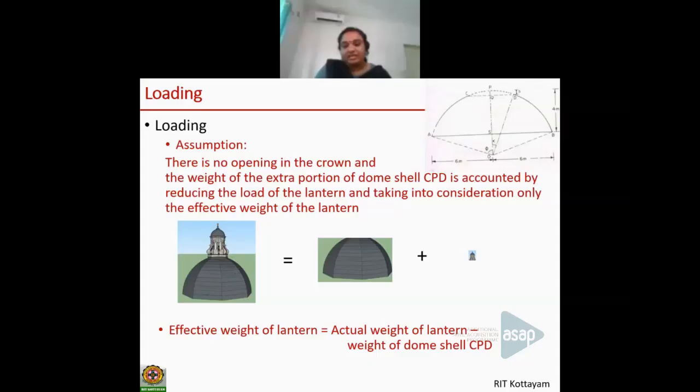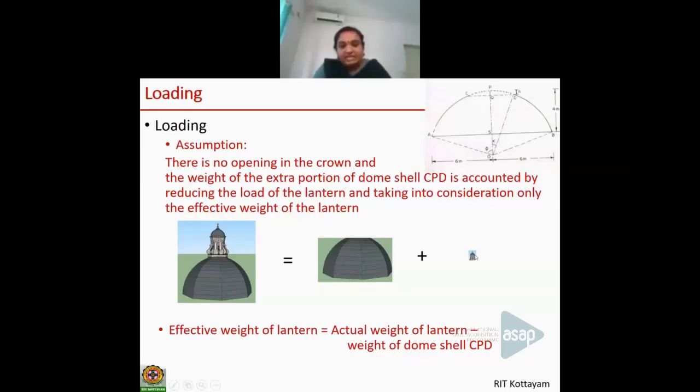So what we assume is that there is no opening in the dome, and we consider that it is full, and after that the crown is placed on top of that, but this crown has a lesser weight, which is the difference between the weight of the actual lantern minus the weight of the dome shell which we assume.